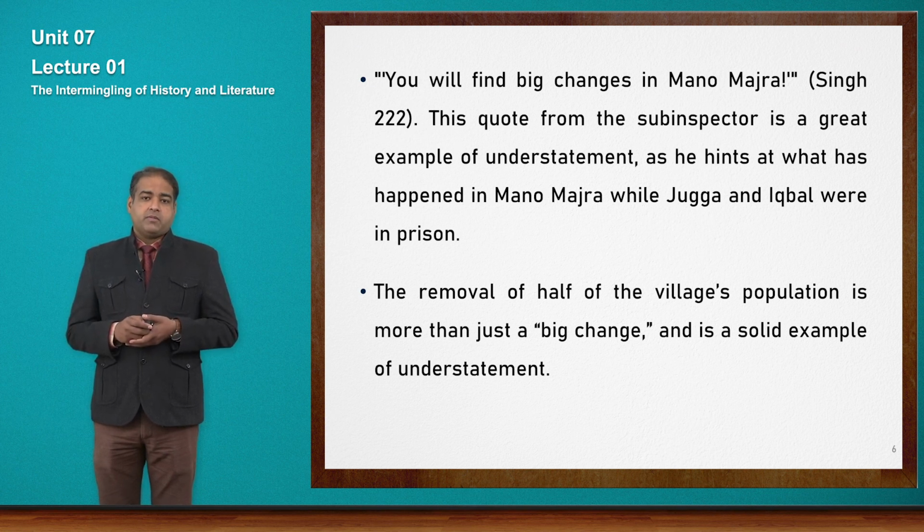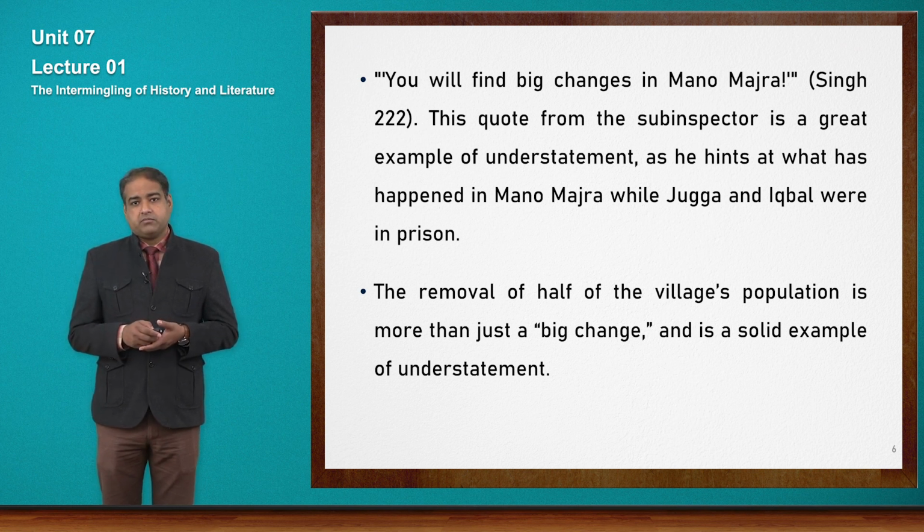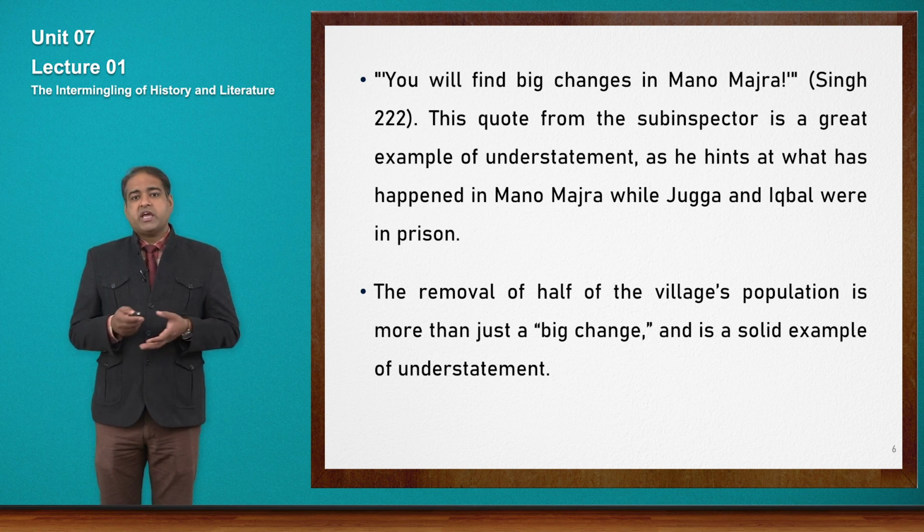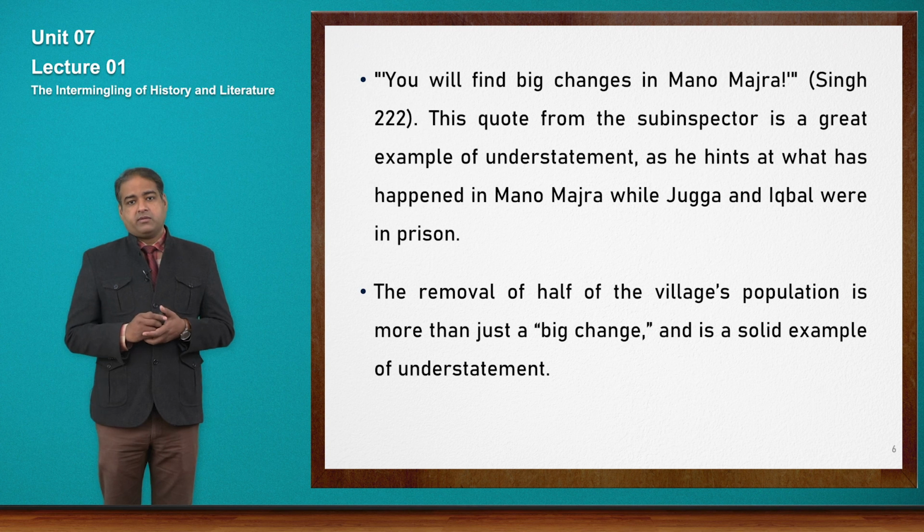Take for example, if you are shot by some person in your leg, and then a doctor asks you what has happened to you, and you say that nothing, just some, let's say, incident happened. So this can be called understatement. A very big issue is treated in a very small manner.